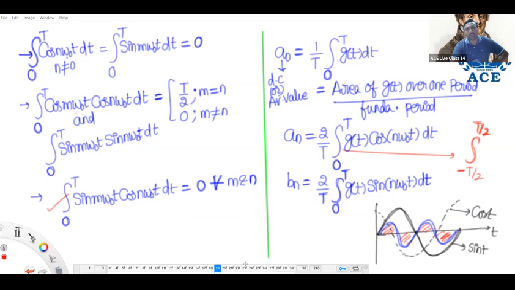By using these relations, we may solve for A naught, A n, B n, but there is no need to calculate every coefficient here, sir. Based on the symmetry of the signal, some of the coefficients will be 0.